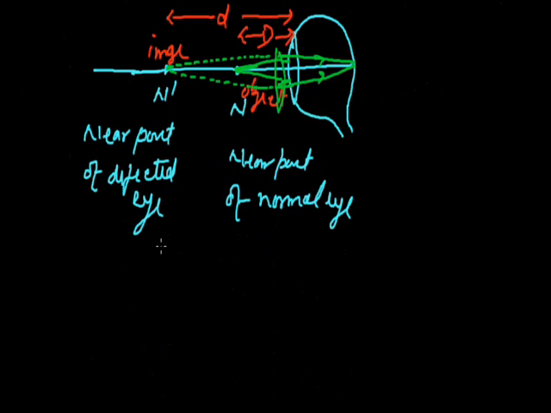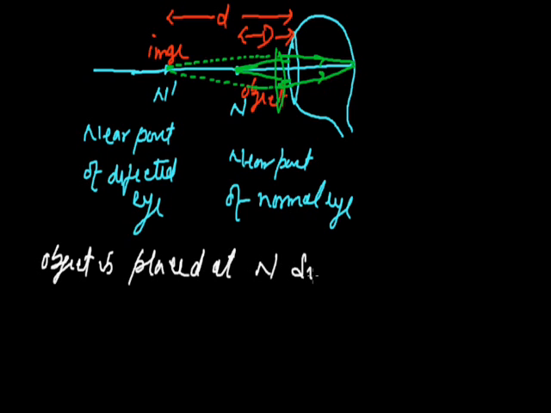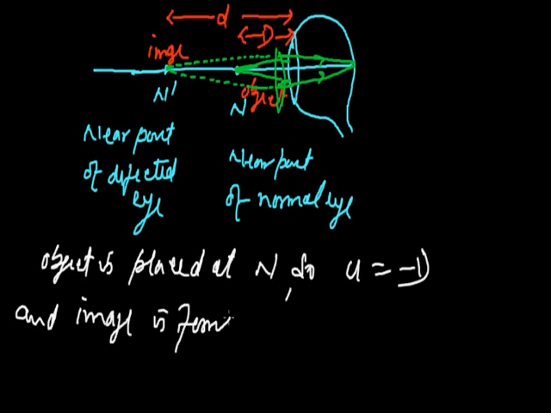Means for this correction, the object is placed at N. So u will be minus d, and the image is formed at N dash.